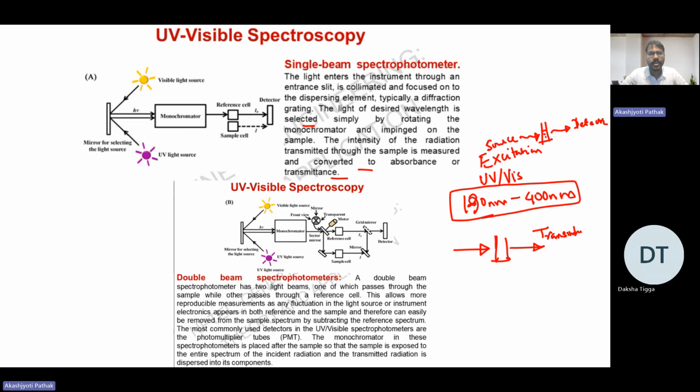So for protein, you will have a reference cell where you will add only the buffer in which your protein is present, and in another cuvette you will add the protein. And then you can manually subtract the absorption by the buffer, and you can get the absorption of the sample.